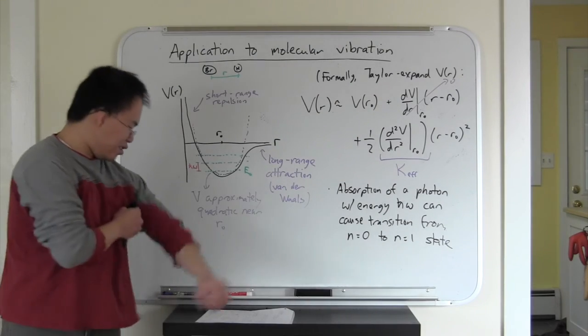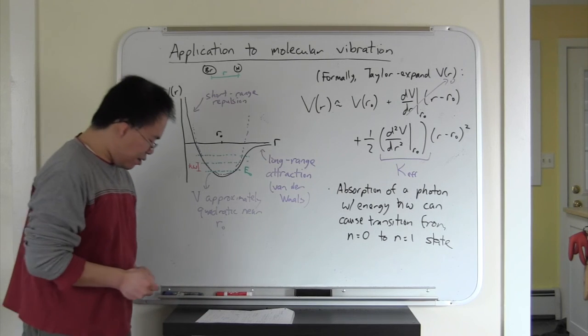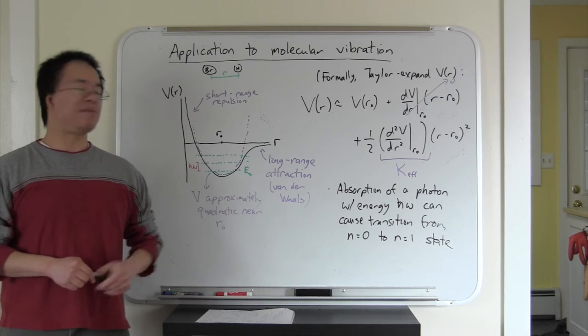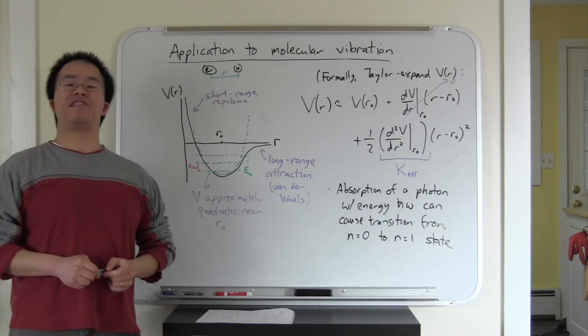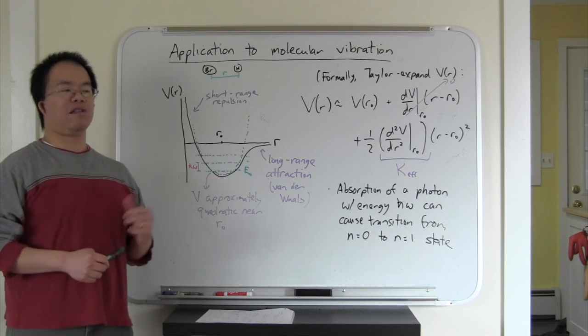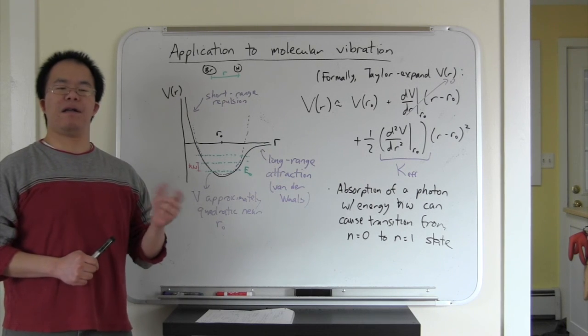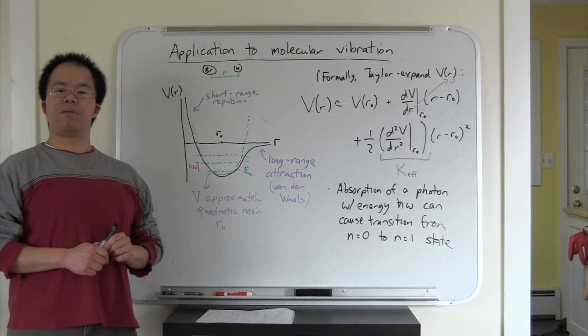We'll close today's class with a whiteboard exercise where you'll estimate, based on some spectroscopy data, the spring constant in HBr. I'll make another video where I work through that whiteboard problem.